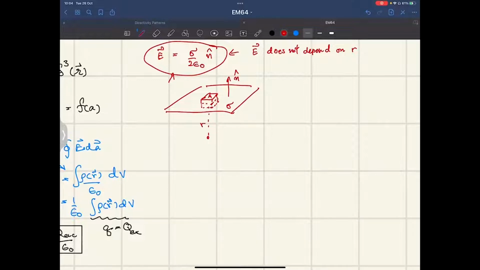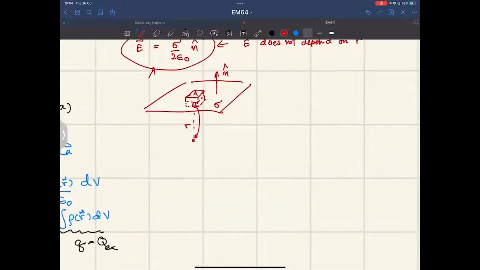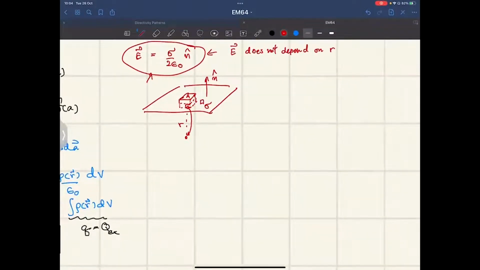There's not only a charge here that contributes the electric field to this point. There are also other places; this one also contributes to this point, and this one also contributes. So there are many other charges that contribute the electric field at this location, let's say P here.